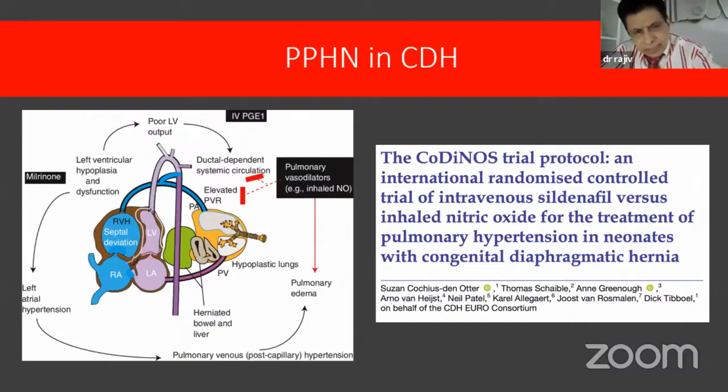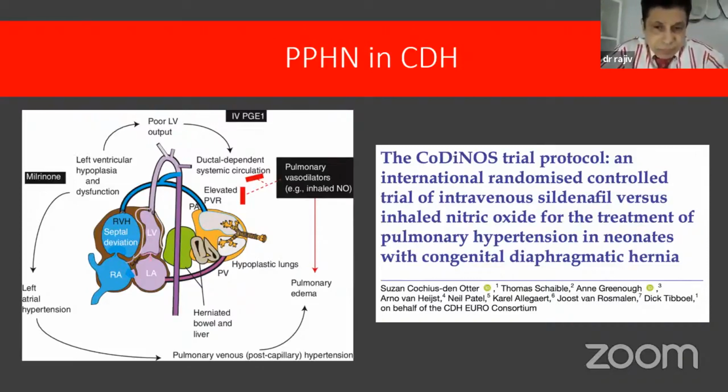Here, approximately 20% of the so-called fixed pulmonary hypertension in CDH may respond to sildenafil or nitric. That gives you a window period to do your surgery after maintaining good hemodynamic control. Don't plan and jump on the diaphragmatic hernia on day one. You stabilize the pulmonary vasculature over a few days, get a reasonably good oxygenation index, maybe around 20 or a little bit less.